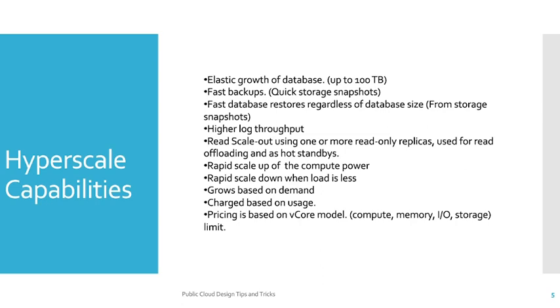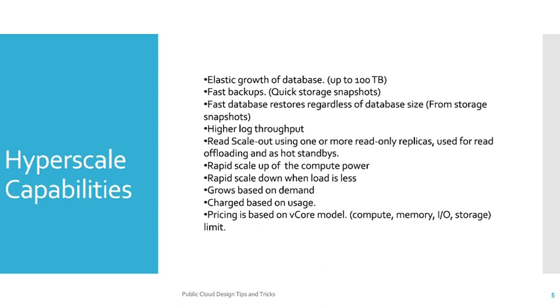Now, let's realize what the different hyperscale capabilities are. That means what capabilities you can get with Azure SQL database with the hyperscale feature. With this, you can get elastic growth of database up to 100 terabytes, fast backup, that means quick storage snapshots, fast database restores regardless of database size from storage snapshots, higher log throughput, read scale-out using one or more read replicas used for read offloading and as hot standbys, rapid scale up of the compute power, and rapid scale down when load is less.